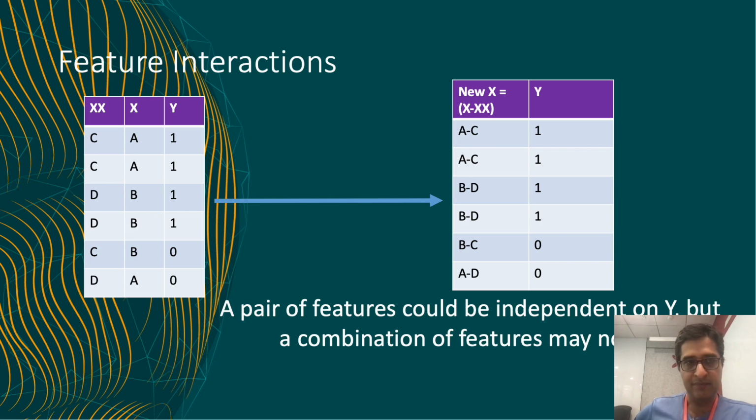Individually, these two variables are not predictive of y, but when combined in this particular format, when the values of the new variable are a minus c and b minus d, you would see that y comes out to be 1, otherwise it's always 0. Now the filtering methods are unable to discover this, so that's a shortcoming in being able to give you the best models.